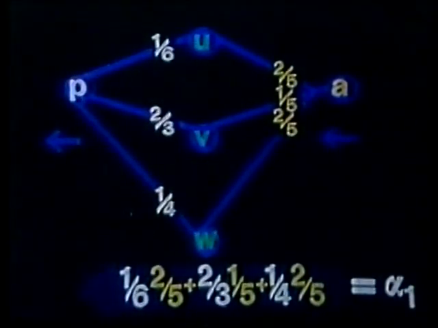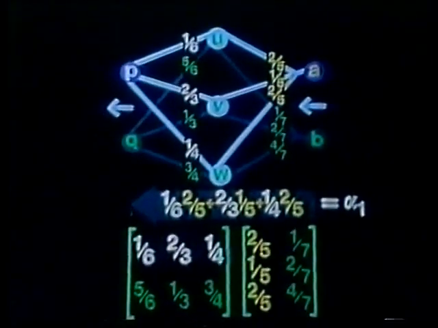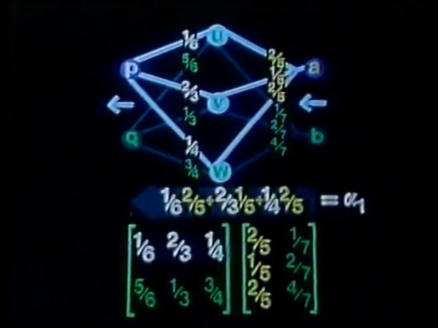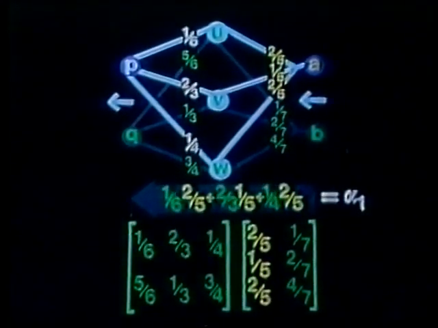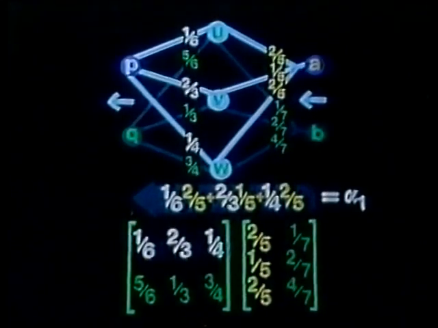Now let's see how this number alpha 1 is related to the total network as represented in the 2 matrices. We find, in fact, that alpha 1 is given by a row acting on a column: the first row of the left-hand matrix acting on the first column of the right-hand matrix.